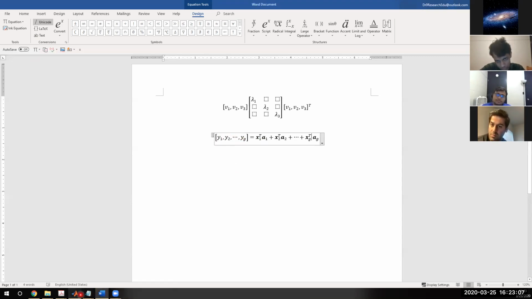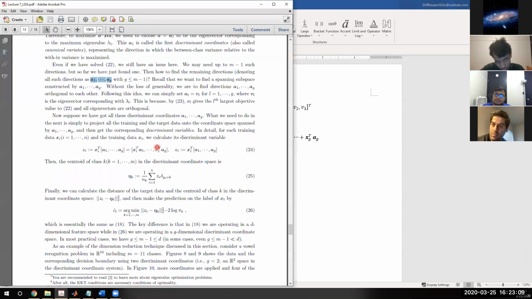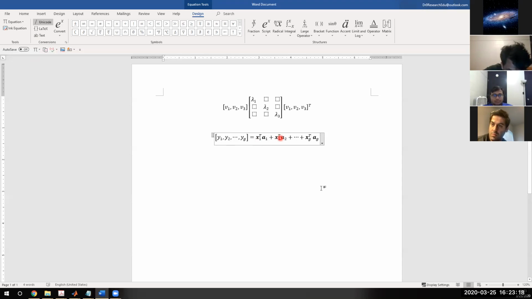So for a given data, it's still wrong, sorry. For a given x, all of this is x.